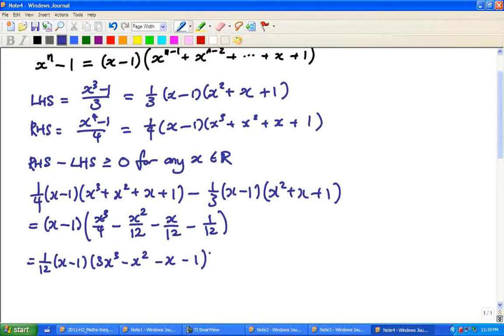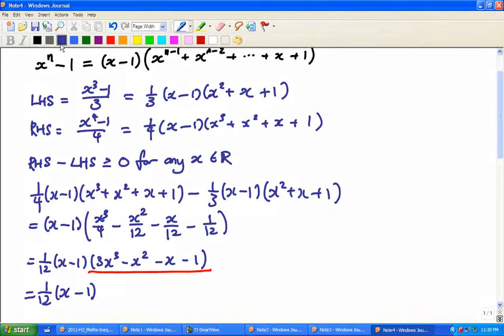You realize that we actually have a cubic polynomial as part of the expression. Now we try to factorize it. Remember, when we want to solve inequalities, we always try to factorize our expression as far as possible. To factorize the cubic polynomial, note that x minus 1 is a factor of this cubic polynomial, underlined in red.